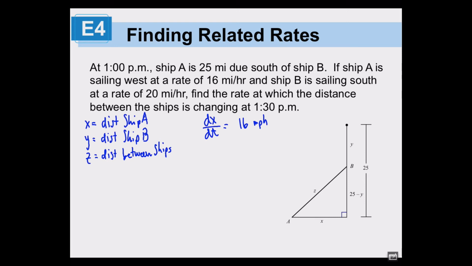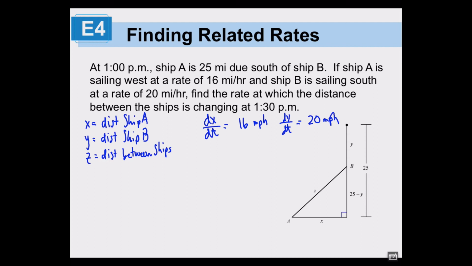Okay. What else do I know? I know dy/dt is 20 mph. Is that positive or negative? Positive. It's positive because y is getting bigger. We're getting better. What are we looking for?